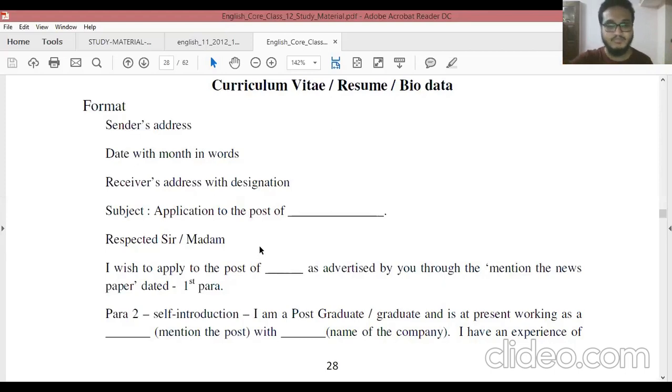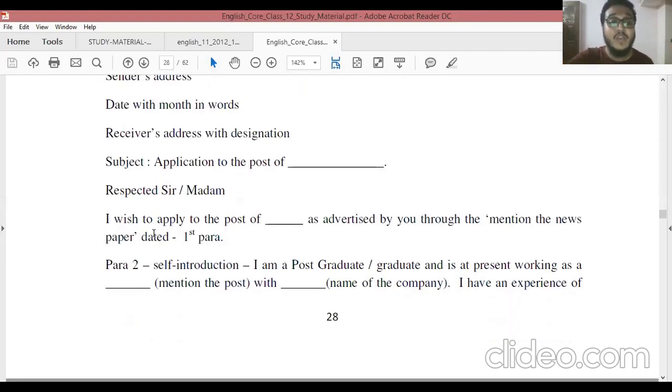Got it, clear? Next, I wish to apply for the post of, again the same line, whichever the question may be, whichever job it may be. This is a sample: as advertised by you in the newspaper. Whichever application you write, where did you get this information? In a newspaper. Which newspaper?